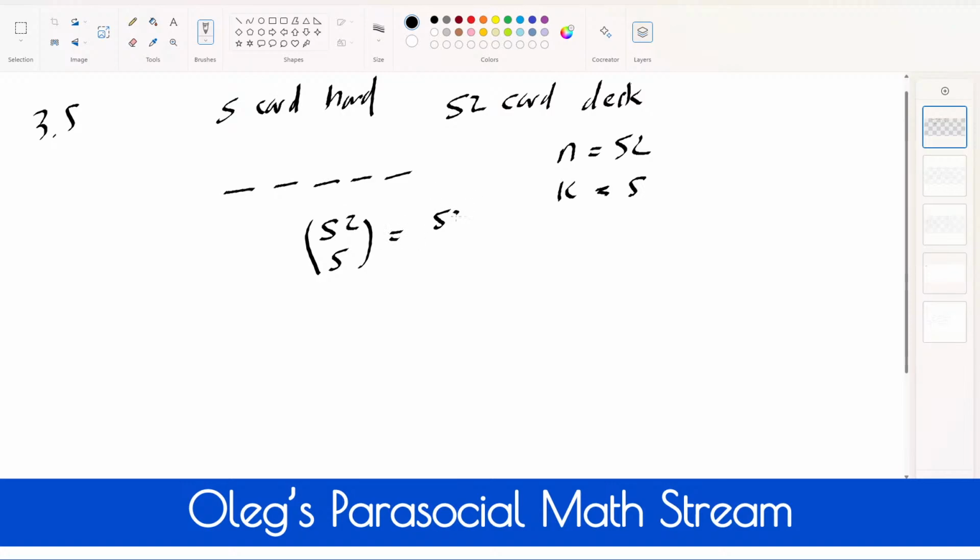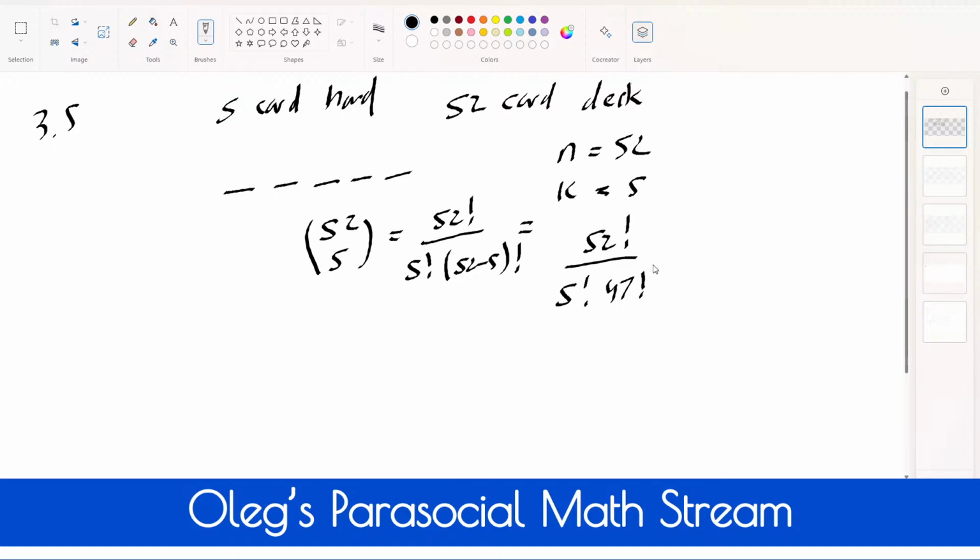That's going to be 52 factorial over 5 factorial times 52 minus 5 factorial, and that comes out to 52 factorial over 5 factorial times 47 factorial.